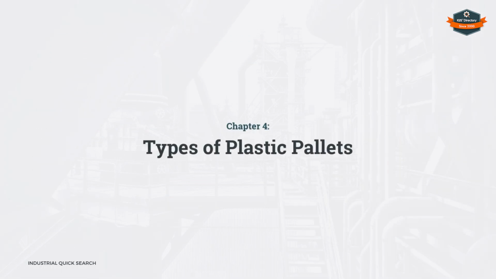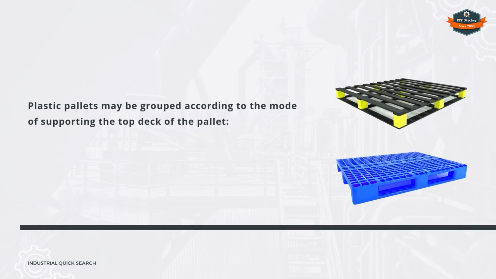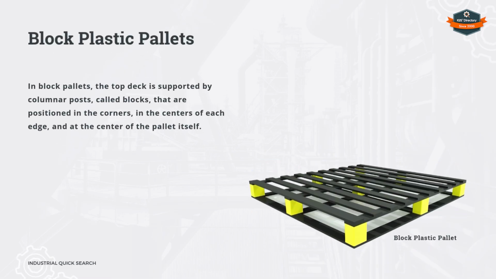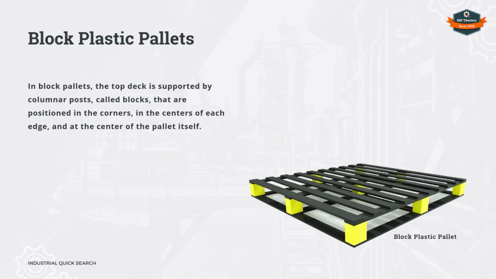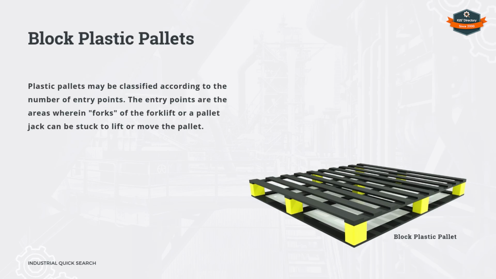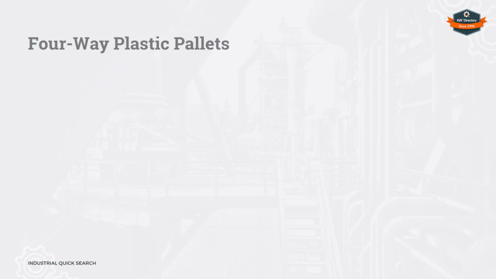Chapter 4. Types of plastic pallets. Stringer plastic pallets. Block plastic pallets. 4-way plastic pallets.